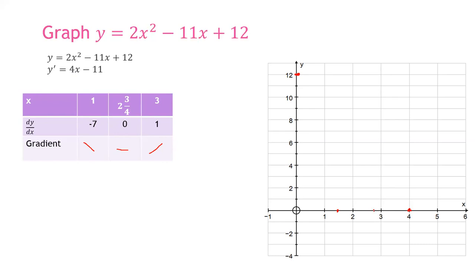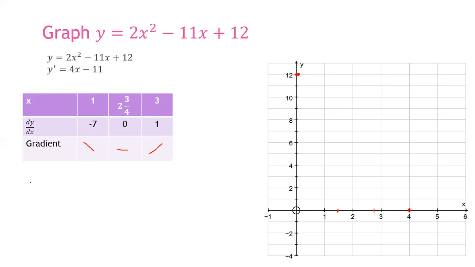Okay, and we need to find the turning point of this graph. We can find the turning point if x equals 11 over 4. The turning point is found by substituting x equals 11 over 4 into this function.